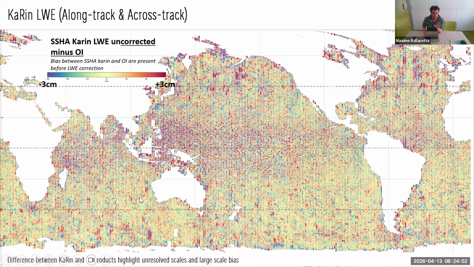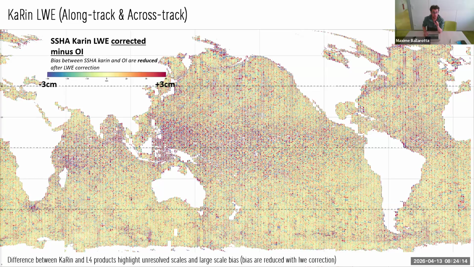So this is when we do the correction of the level 4 map product, DUACS map, with the Karin dataset. And if you consider long wavelength error on the Karin dataset, you reduce this bias. So that's the picture you can see here, by absorbing this residual.